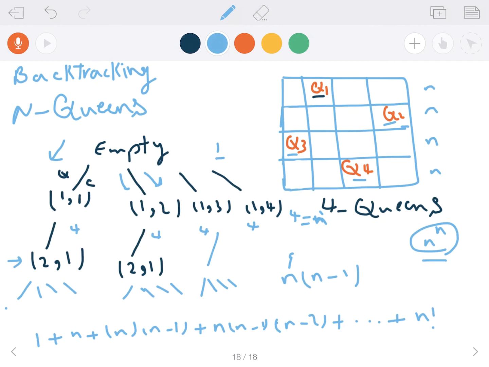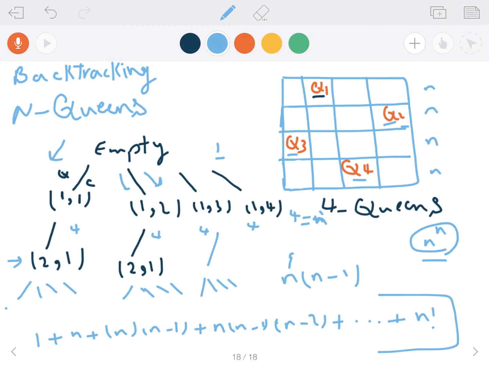That's going to be an upper bound on the total number of nodes, not the exact number of nodes we will have in the tree.